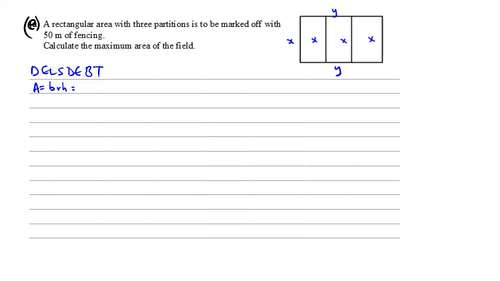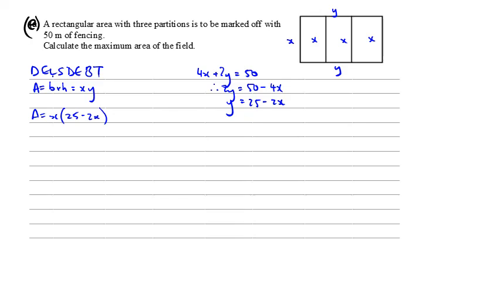Really the area is x lots of y, and 4x plus 2y is going to be 50. Therefore 2y is 50 minus 4x, and therefore y is 25 minus 2x.